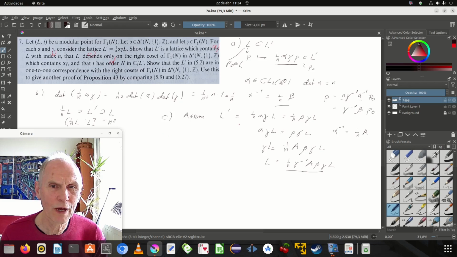If we have this guy, and then beta equals gamma mark alpha with gamma mark in gamma 1 of level n, then they should give the same lattice.